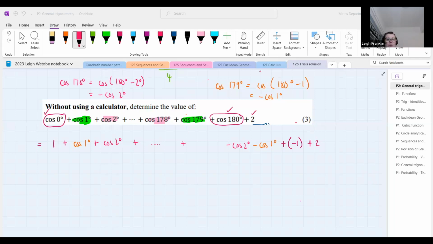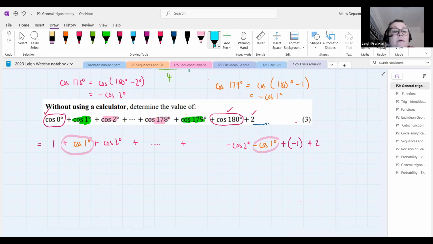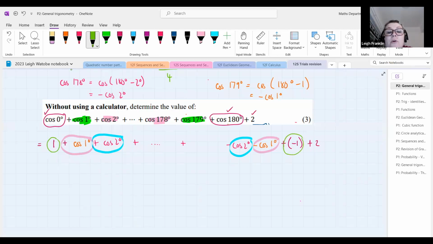So all of the terms between cos 1 and cos 179 are going to add up to 0, because this term over here and that term over there will add up to 0. This term over here and this term over here are going to add up to 0, making so much more sense. Also, the one at the front from cos 0 and the negative 1 over here from the cos 180 are also going to add up to 0.